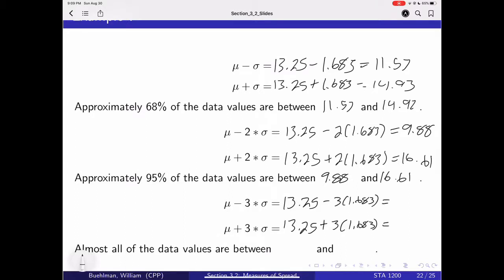Doing those calculations gives us 8.20 and 18.30. So almost all of the data values are between 8.20 and 18.30. So that's a way we can use the empirical rule if we know mu and sigma, which are the population mean and the population standard deviation.